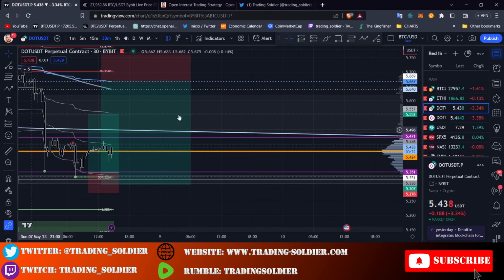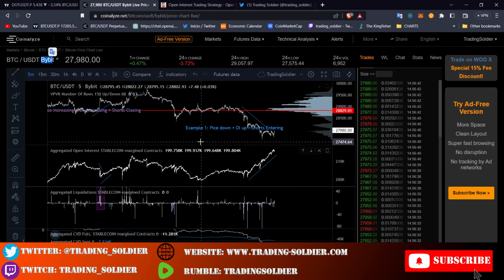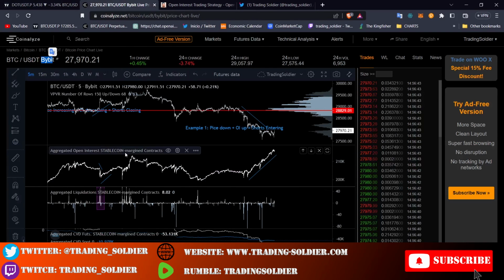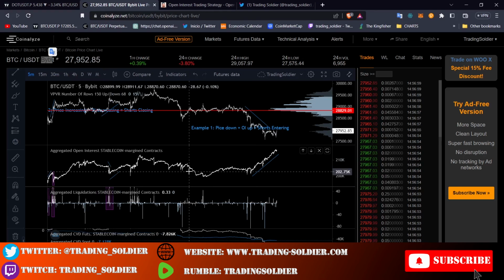You go here, open interest is just open interest. But in CoinAnalyze you can filter the data. As I said, you go here and you type open interest. You can also choose the inverse perpetuals or the open interest delta. You have many options here. I use this, it is my preferred option.